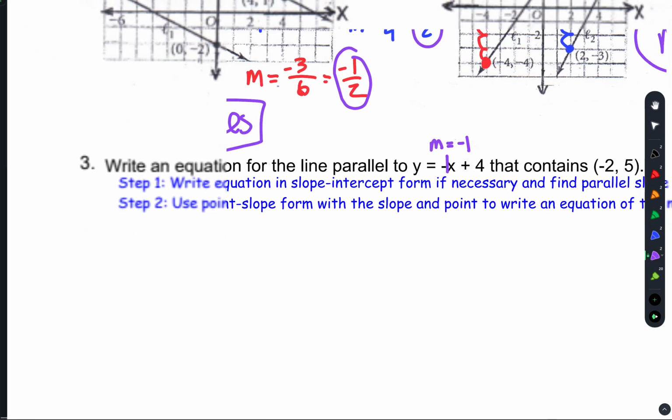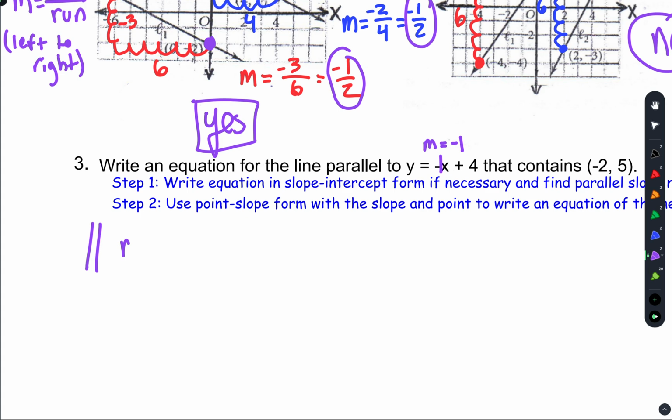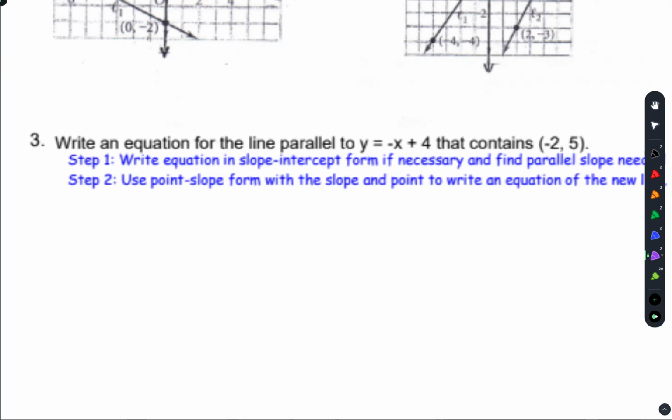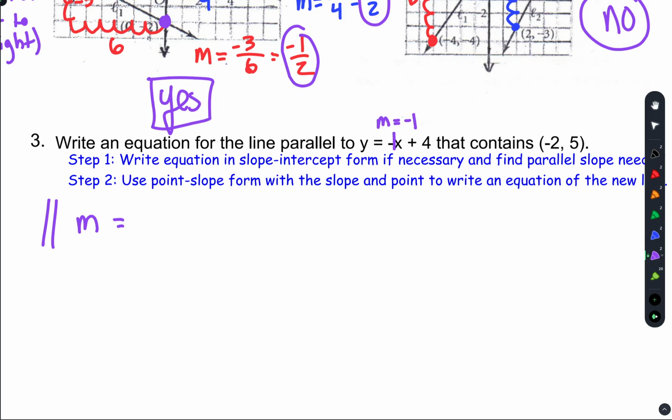So then what would be the slope of a line that is parallel to that line? Parallel lines have what kind of slope? The same. So if the original slope is negative 1, the parallel slope should also be negative 1. So that's step 1. Figure out what my slope needs to be.